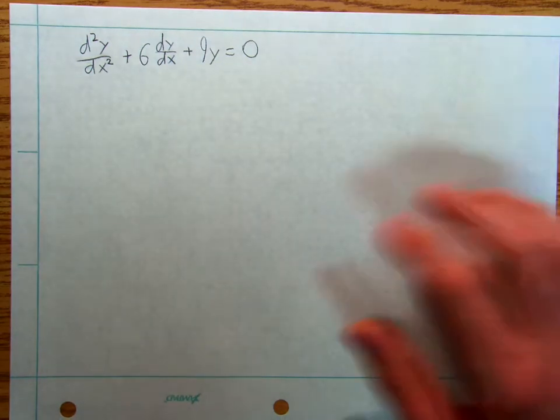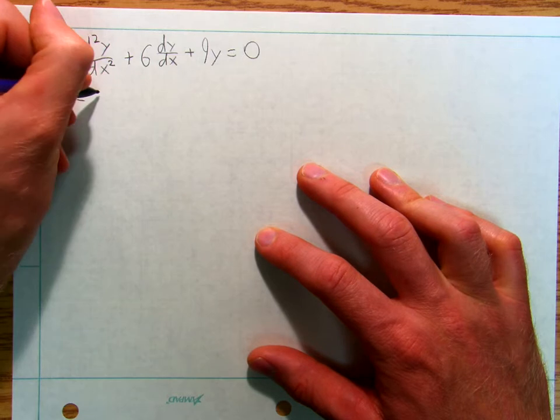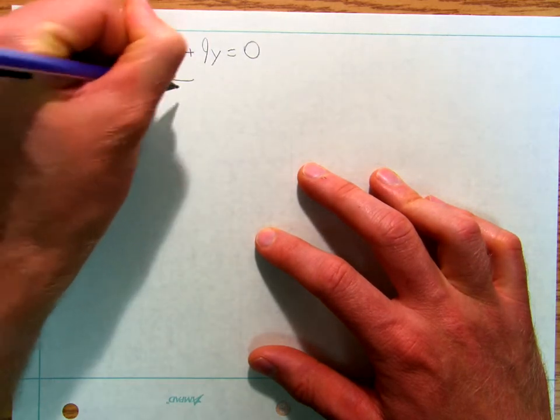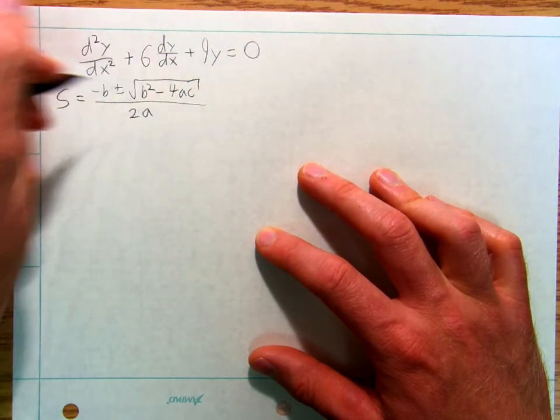Okay, well, I do that, my s's are equal to minus b plus or minus square root of b squared minus 4ac divided by 2a.